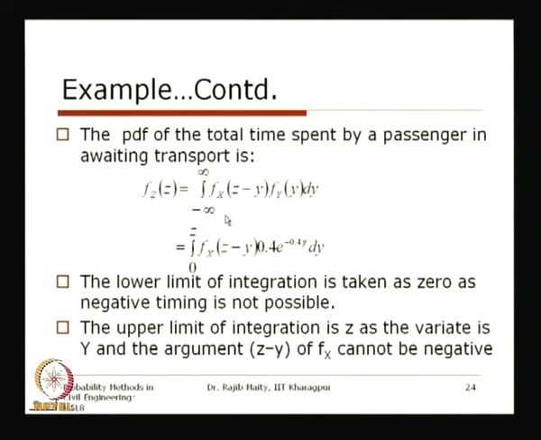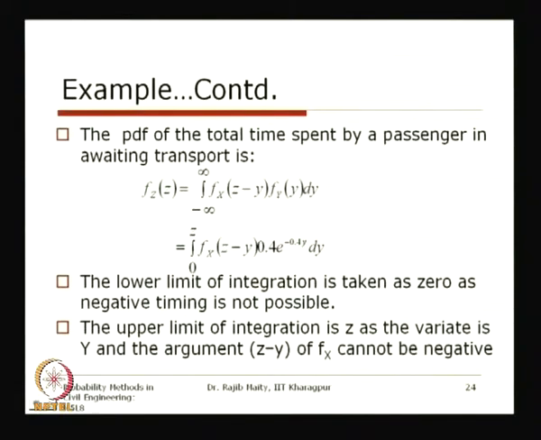When we talk about z, the total time, the lower limit should be 0. x plus y is giving you z, so obviously the lower limit is 0, because the waiting time for the passenger, even for both the transports, will always start from 0. So the lower limit is 0, as the lower limit for both random variables is 0.